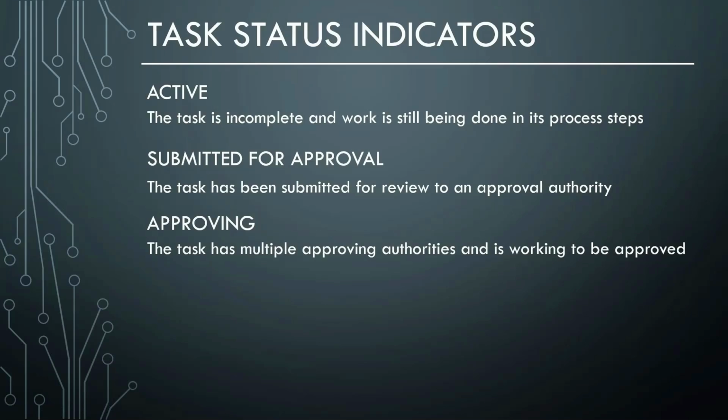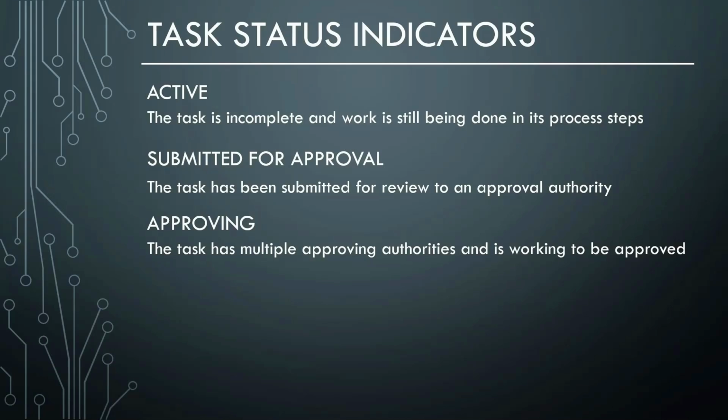Similar to submitted for approval is approving. This means that that major task has more than one approval authority. In other words, a major task may have an ISM and PM that must approve the task first, and then an AO or DAO must approve the task second.